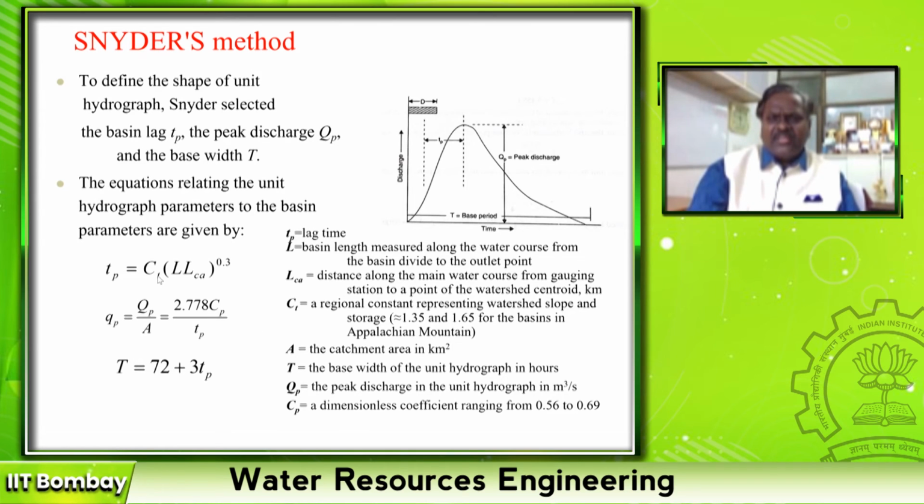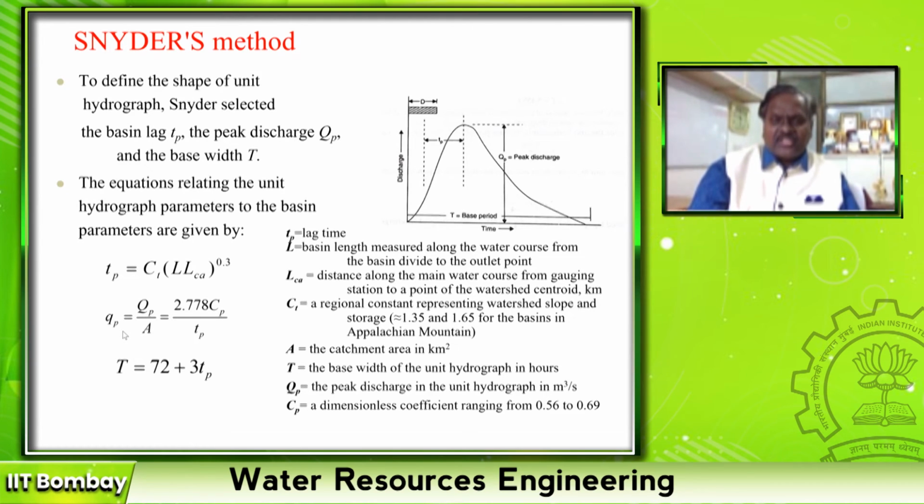And he found that this CT varies between 1.35 to 1.65 in Appalachian mountains. This regional constant CT is the importance here. Then the second estimation he made is time to peak, right?